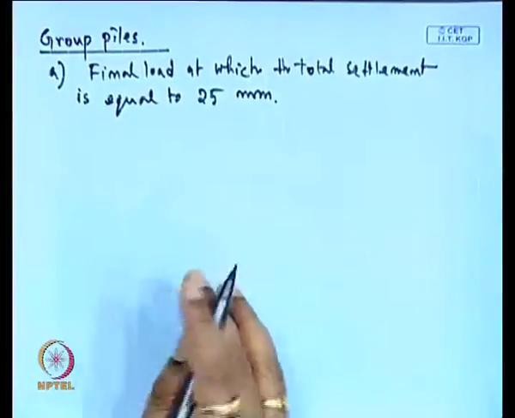This load test we can perform on the single pile as well as on the group pile. Generally for group piles, if nothing is specified, the permissible settlement limit is 25 millimeter, and the final load at which this settlement is attained is one condition.